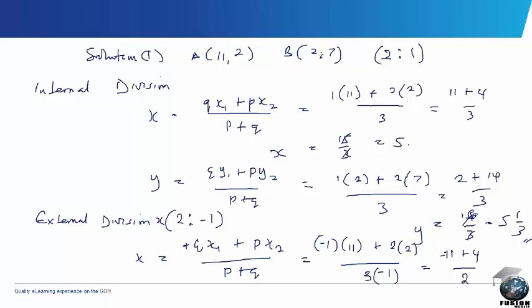Minus 11 plus 4 gives minus 7, and so x is equal to minus 7 over 2, which is equal to minus 3 and 1 over 2. All right, so this is the external division for x, and to obtain the external division for y, we do as follows.